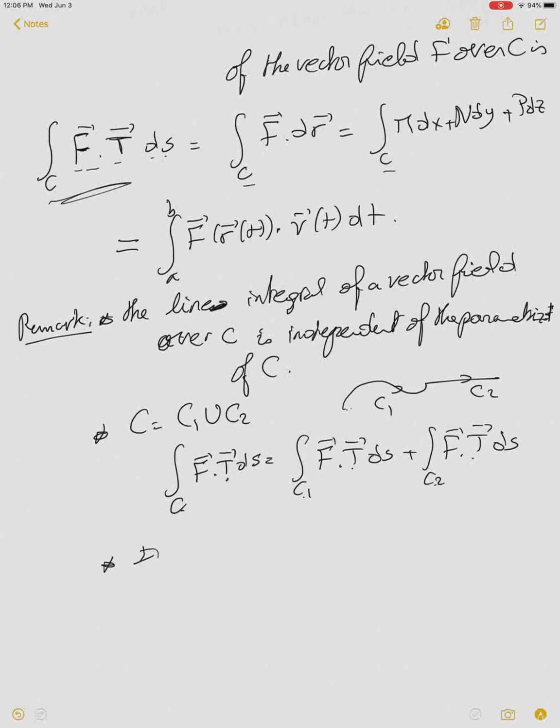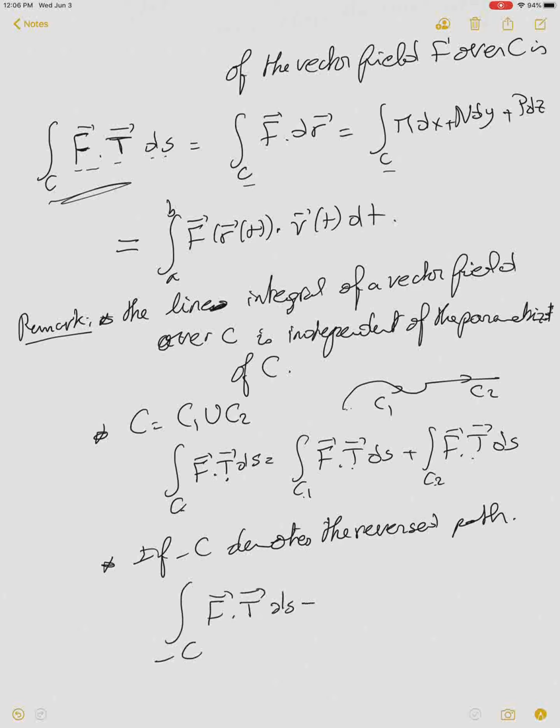Third thing is, if minus C denotes the reverse path, then the integral over minus C of F dotted T ds, in this case, is equal, let's say, the relation between these two.